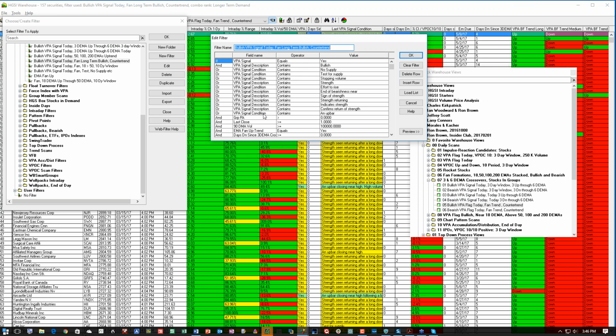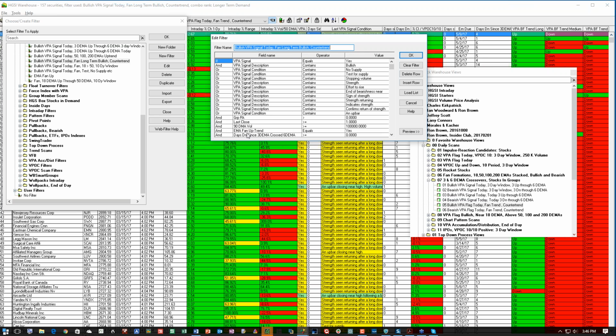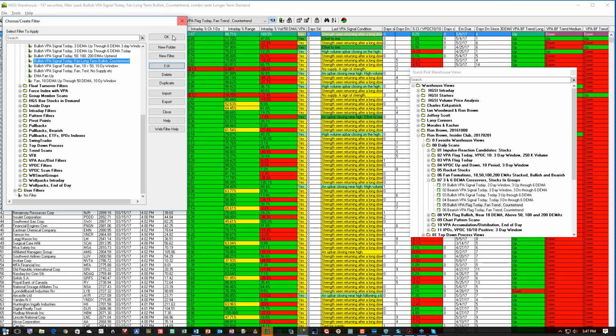First of all, there has to be a VPA flag. So if any of these bullish VPA flags occur and the fan trend is up, that is yes. And there is a days down since the 3 crossed the 6 exponential moving averages. That's what I'm looking for with a fan trend.